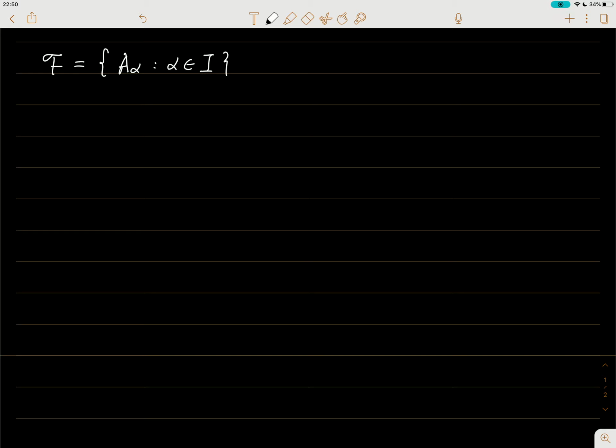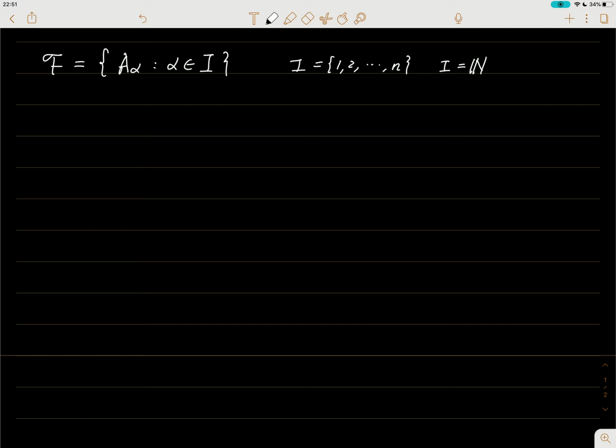So for example, if you have finitely many sets, then this I will be just 1, 2, up to however many you have. If you have 10, it's just 1 through 10. But in general, you have n of them. Or this I could be the set of natural numbers, which is 1, 2, 3, 4, to infinity. These two types of index sets are called countable, meaning that you can enumerate them by natural numbers.